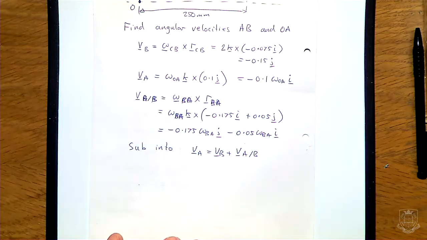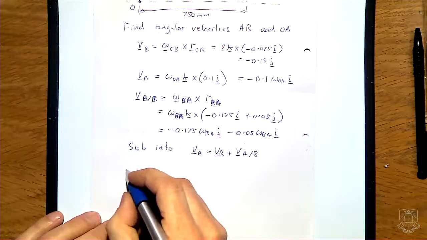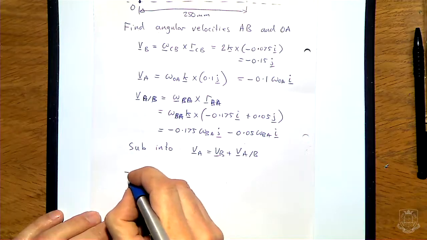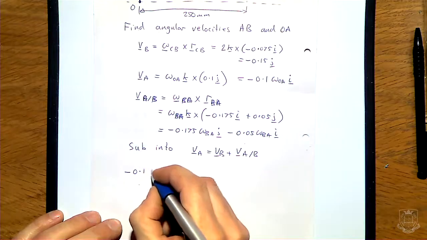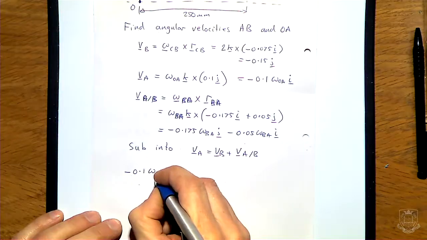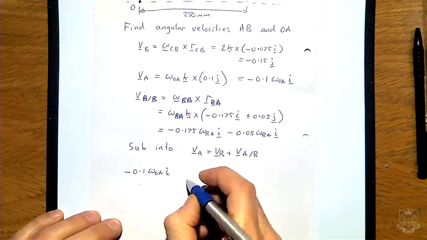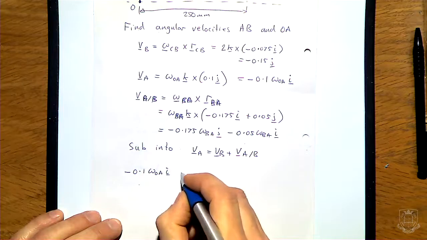Okay, so let's try and do that. On the left-hand side I would have minus 0.1 omega OA times I. So that's what we worked out VA was.